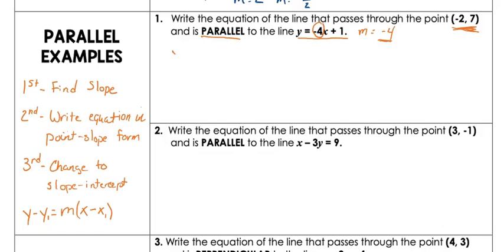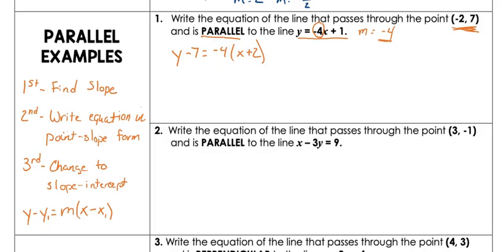So let's plug that in. Y minus 7 equals my slope, -4, and then x minus -2. Remember, minus a negative is addition, so x plus 2.